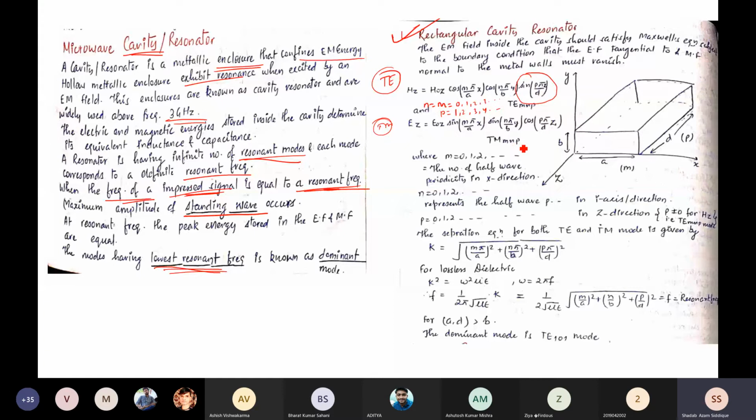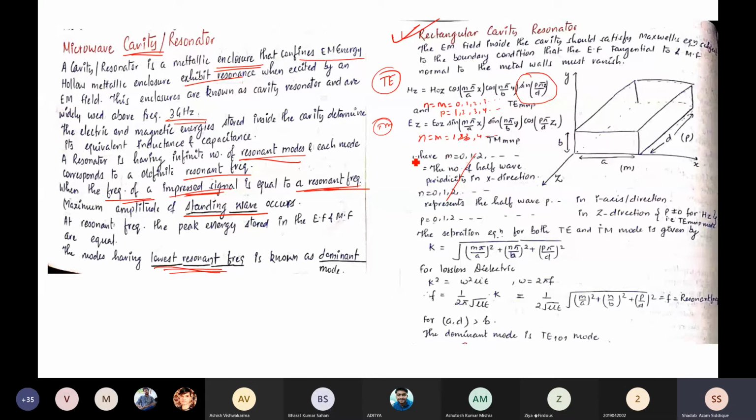N should also be 1, 2, 3, not 0. And P should start from 0, 1, 2, 3, 4. These are the numbers of half-wave periodicities in the X direction, Y direction, as well as Z direction.